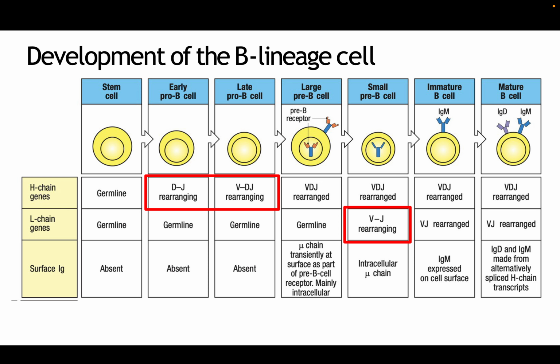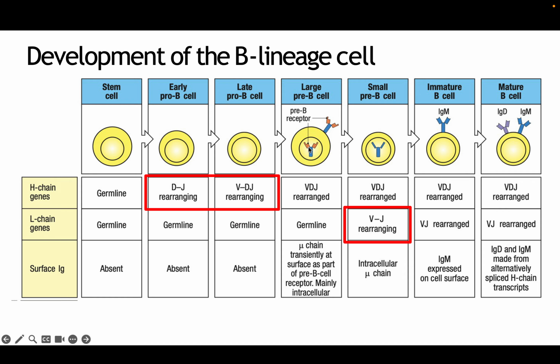This is a pre-light chain that is able to bind to your heavy chain, and you create a pre-B cell receptor. This is put on top to signal to your large pre-B cells, okay, now it's time to start proliferating, to start surviving, and to start to create your light chain.